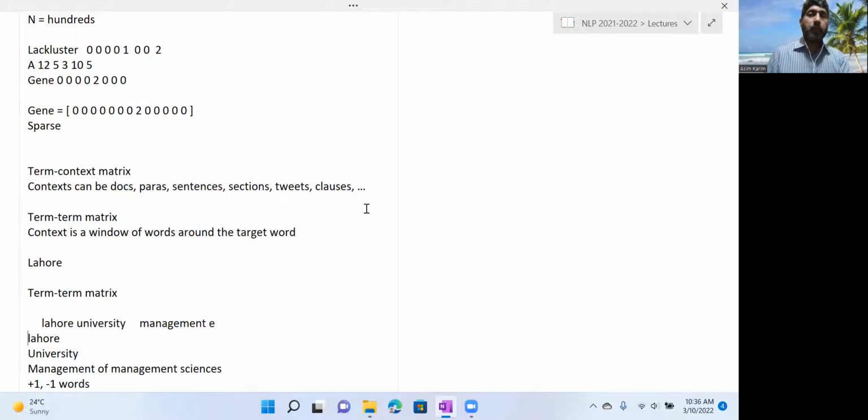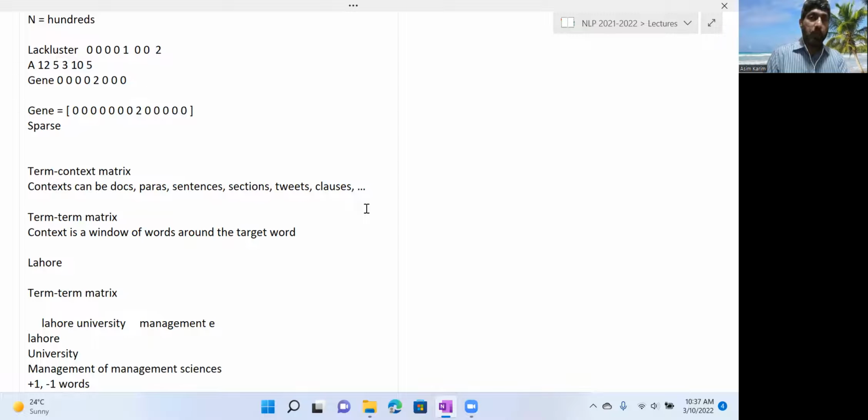Now, if you talk about the rows as the target word, then we take Lahore and see if Lahore occurs in the context of Lahore. Of course, this is the same word, so if you count it as the context, it will always occur. This is trivial. So the diagonal of this matrix would always be the number of times a given word occurs in the whole corpus.